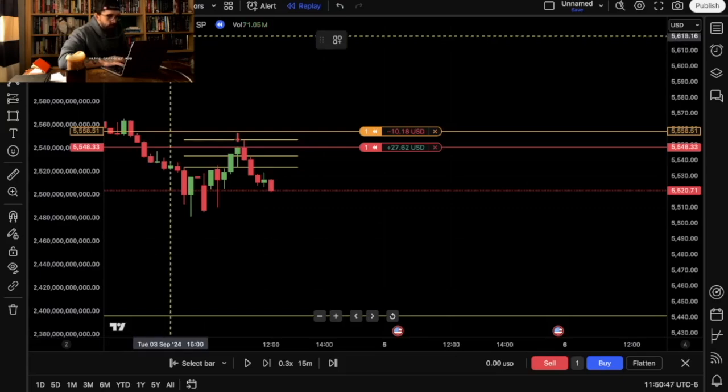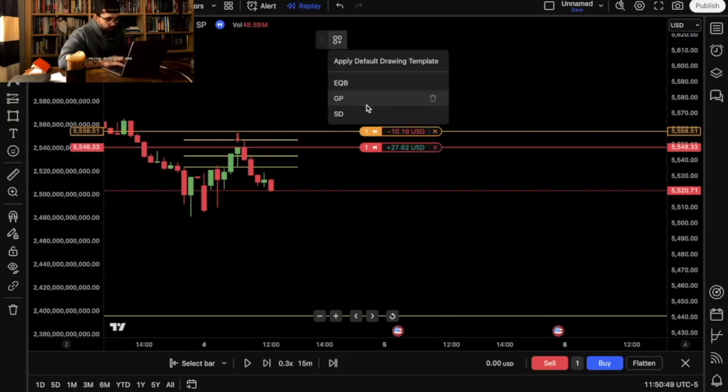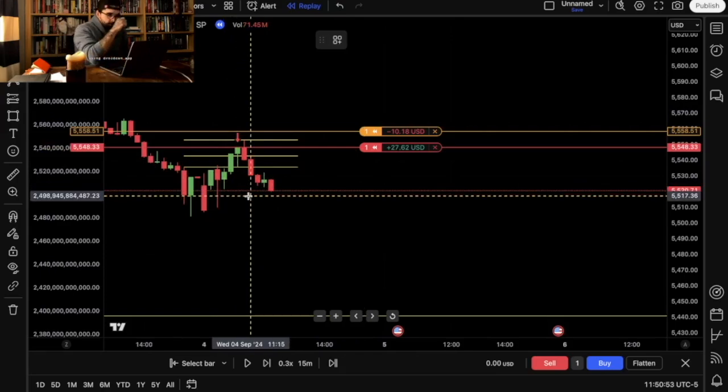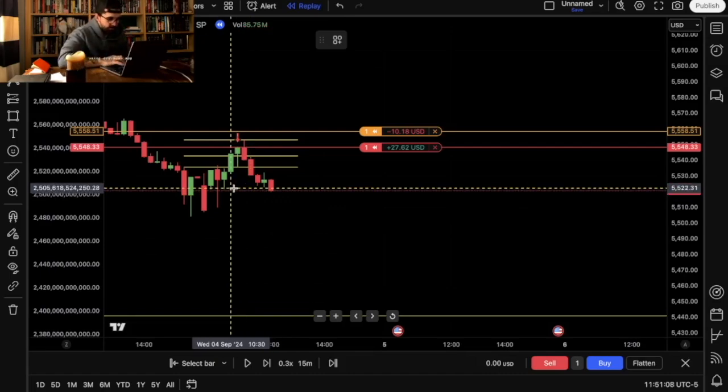Alright, and now we can incorporate a standard deviation. So if we remember, standard deviation is simply just measuring a price leg and multiplying it by 2, right? So price leg and then another price leg, and then that's where we expect price to go.